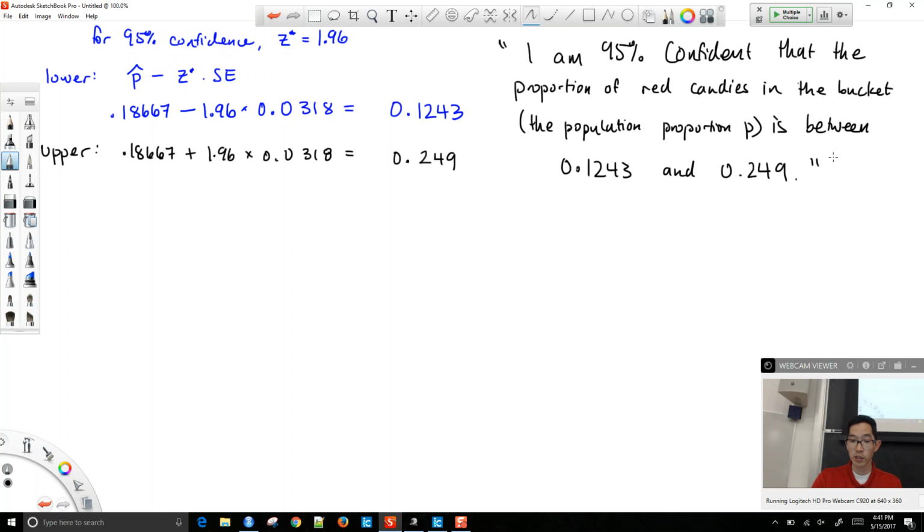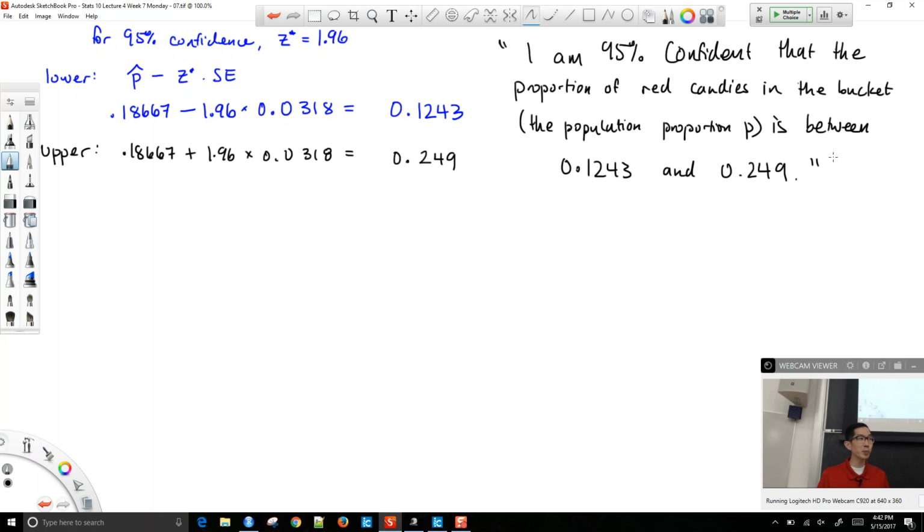So I'm 95% confident that if I dumped out all of the candies in the bucket, counted all the pieces, counted all of the ones that are red, and got the exact proportion P, that exact proportion P is going to be between 0.1243 and 0.249. Is that all right? Okay.